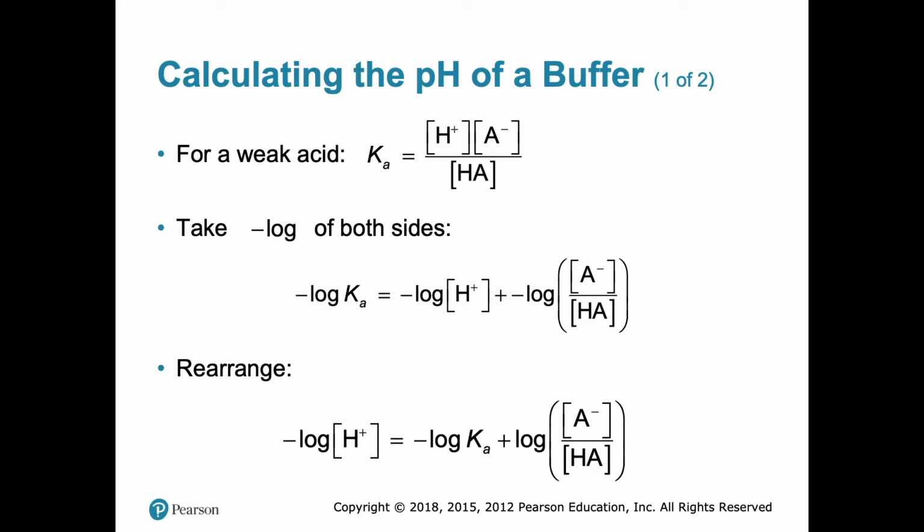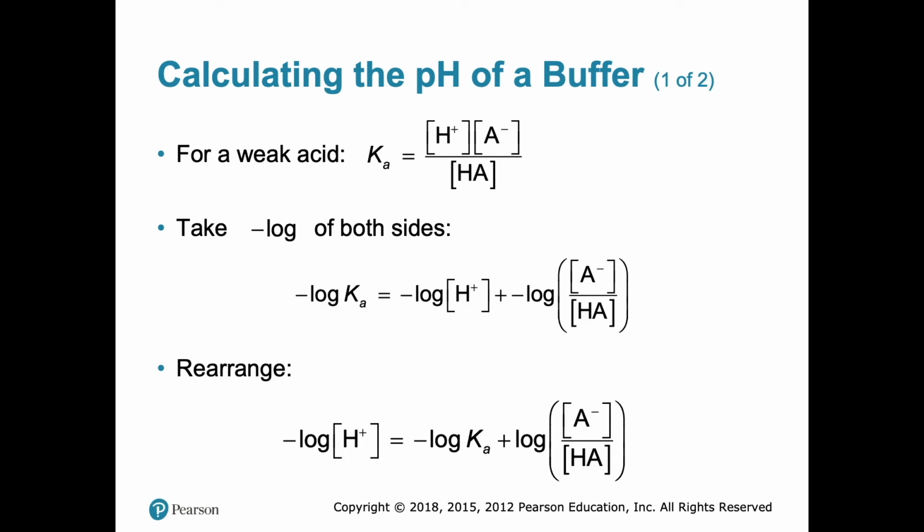When you see the negative log of anything, it really means P. Does that make sense so far? The chemists are lazy, so they don't want to write out the words negative log. So they say, okay, negative log means P. So that's why it's pH. It's short for negative log.